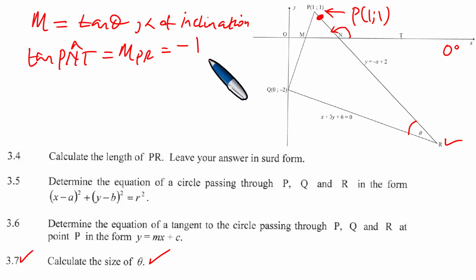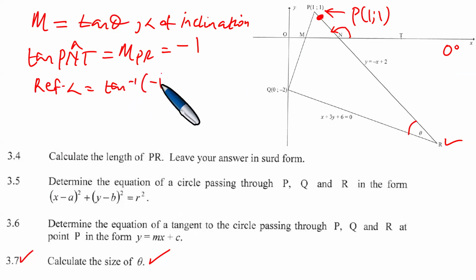If tan of P and T is equal to -1, then we first find the reference angle, which is arctan of -1. But the reference angle is always found with a plus.